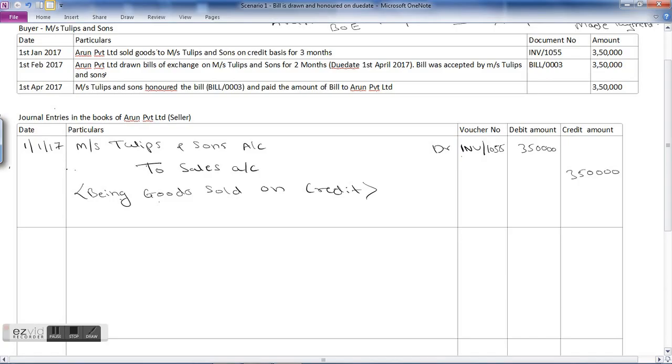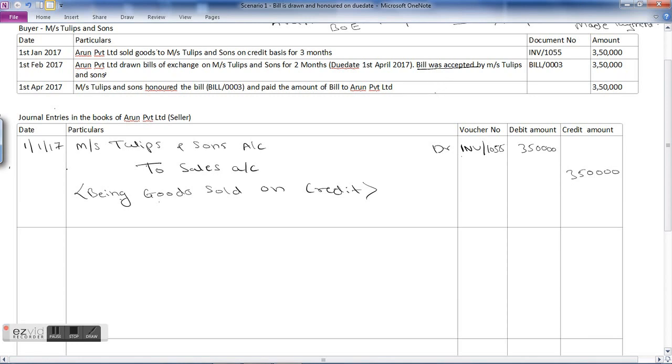The bill was accepted by Messrs Tulips and Sons. This is very important: unless the bill is accepted by the other party, we cannot pass the entry for bill of exchange. So in this case we'll pass one entry for bill of exchange.